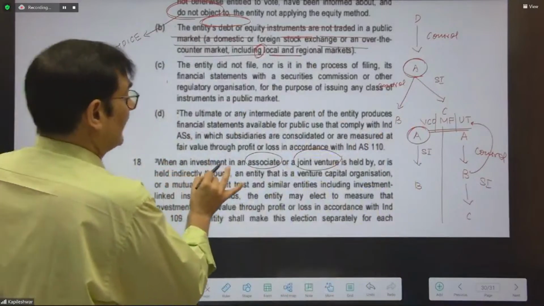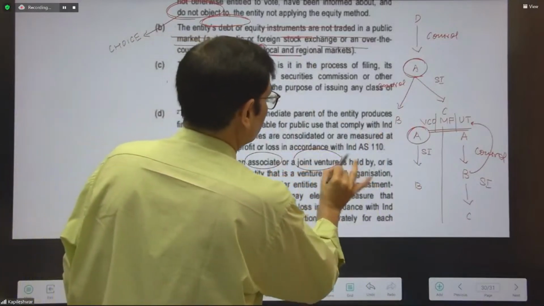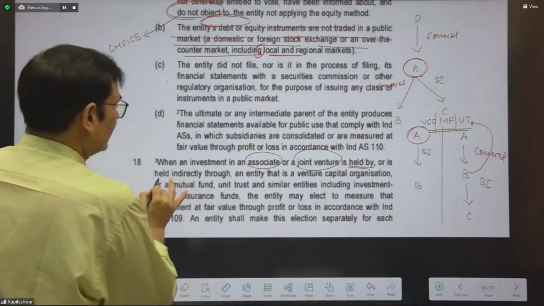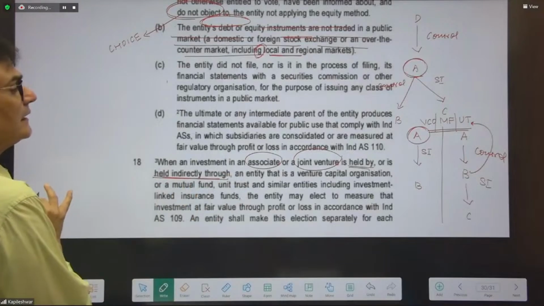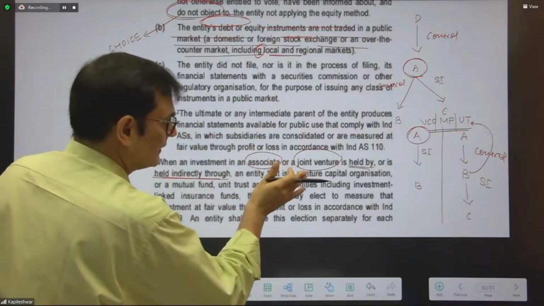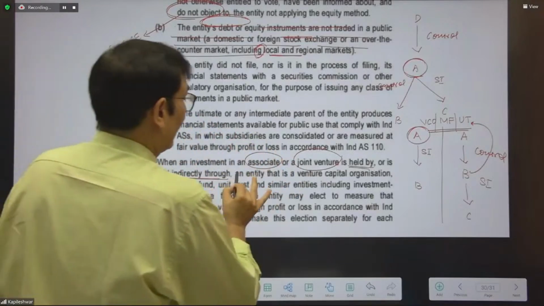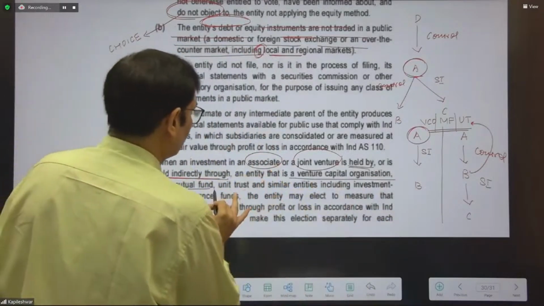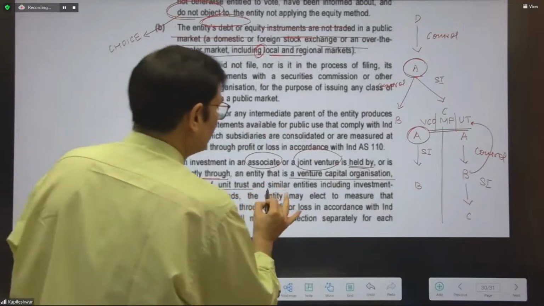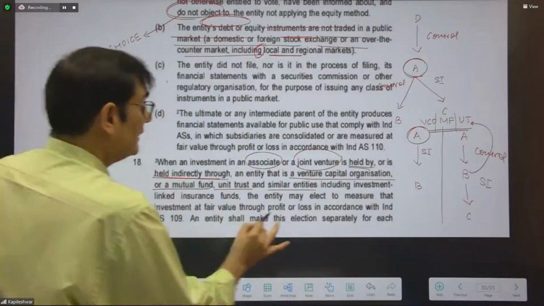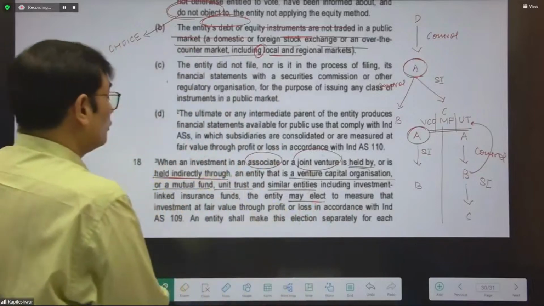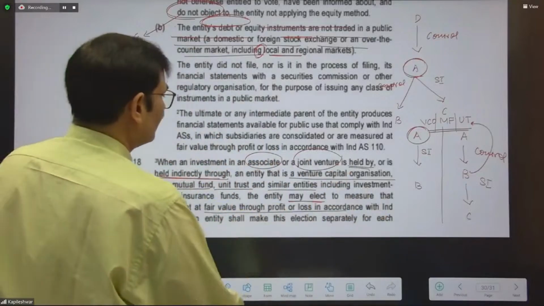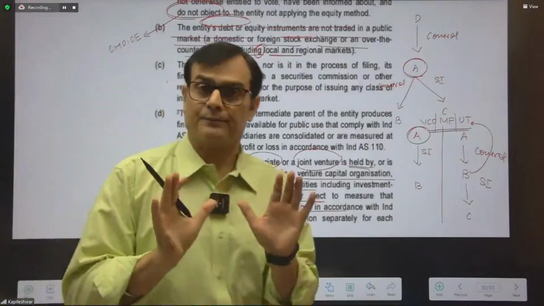It says when an investment in the associate or JV is held directly, or is held indirectly through, so it can be directly, it can be indirectly, an entity that is a venture capital organization, mutual fund, unit trust, and similar entities, the entity may elect to measure that investment at FVTPL in accordance with 109. So he's made it very clear.